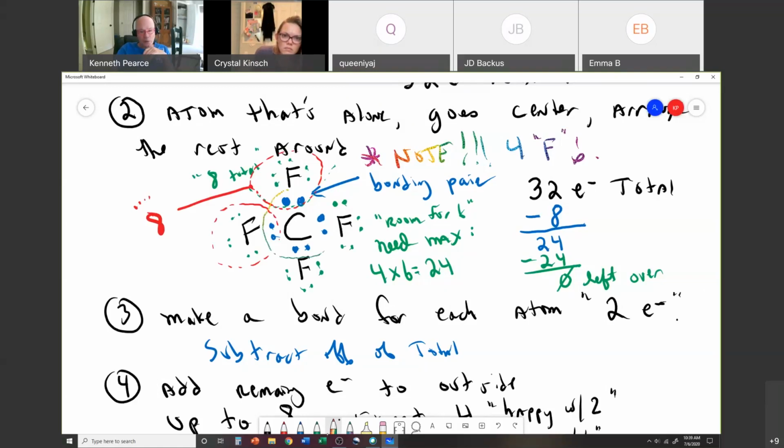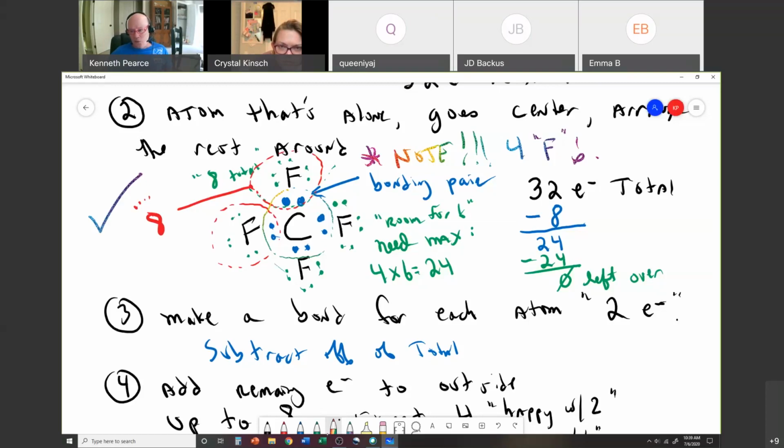But look at that. Now I'm just circling this to draw your eye to it. This is not something that you do on paper. Generally, I can't show you my finger. But I can show you with my pen. Okay, so generally you circle with your finger and you count and make sure you have 8 electrons. So sure enough, everybody's happy here.